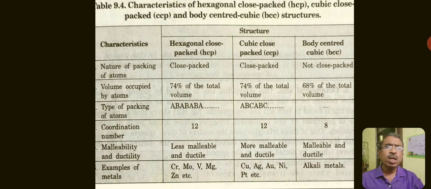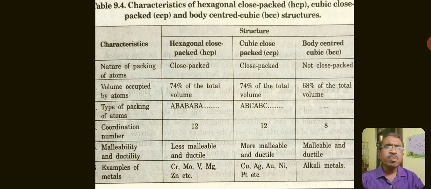In hexagonal close packed and cubic close packed, the packing of atoms is very close to each other, whereas in BCC they are not that closely packed. In hexagonal and cubic close packed structures, the volume occupied by the atoms is 74%, whereas in body centered cubic it is 68%.